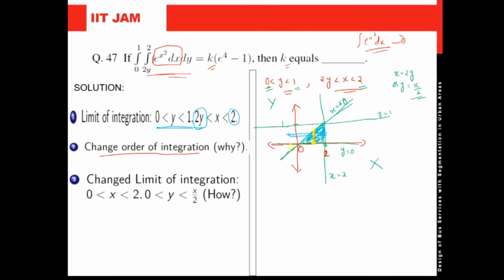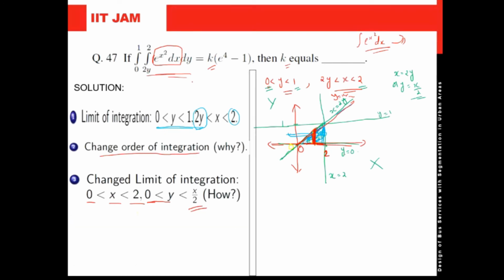So x ranges over 0 less than x less than 2, and this strip enters the region through the line y equal to 0. So the lower bound is y equal to 0, and it stops at the line y equal to x by 2.